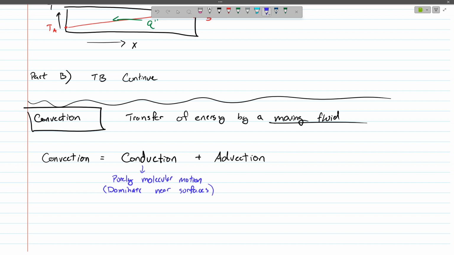Therefore, it can't move and advect energy away, so thermal energy gets conducted to those fluid particles. Plus, right, the bulk fluid motion, which is dominant far away from surfaces.